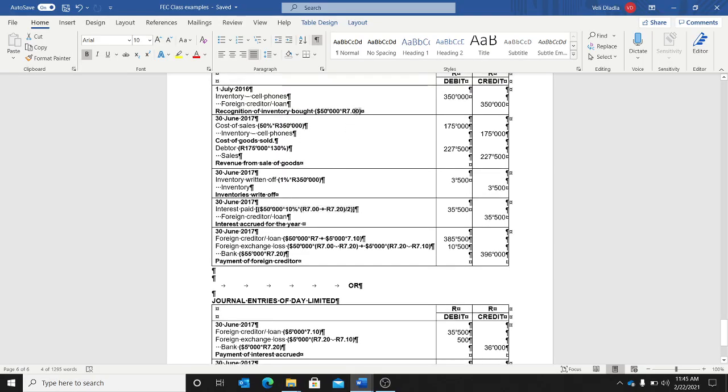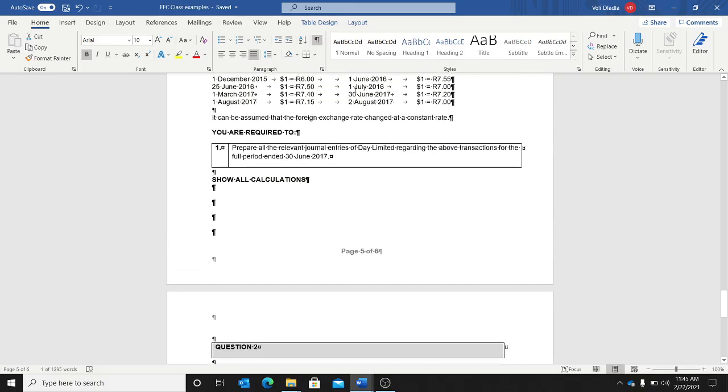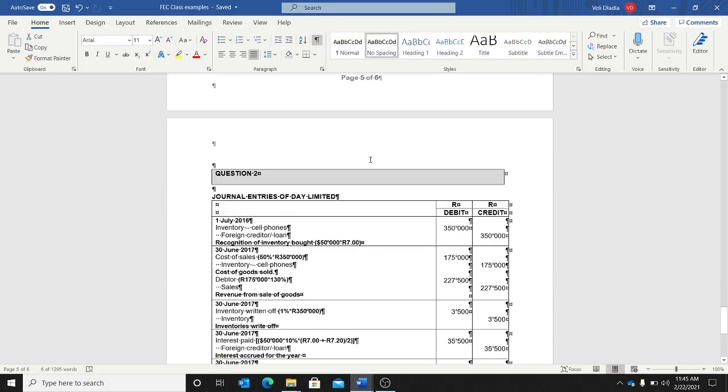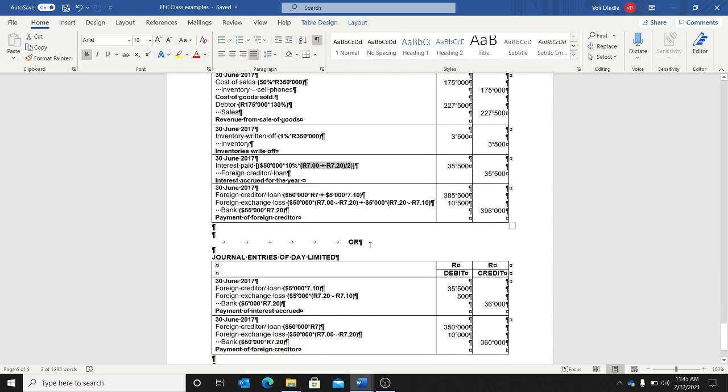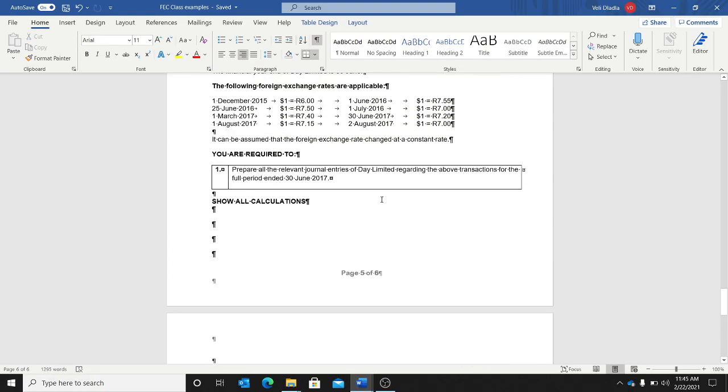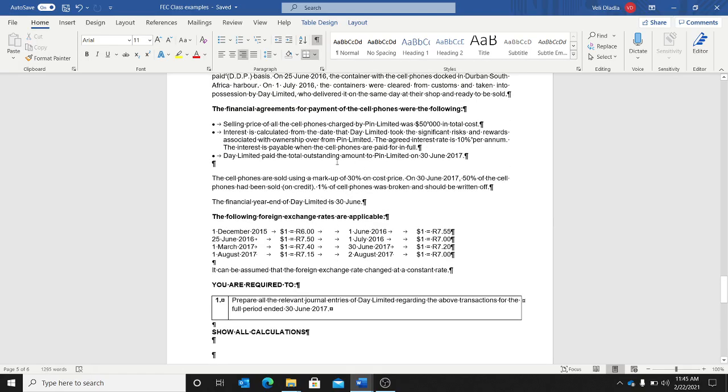Your transaction date rate was 7, but by 30 June it should be 720. You divide it by 2, because when you're calculating interest, you calculate it at an average rate. You say this plus this divided by 2, you calculate your interest and you get it here. Then the nicest thing in this exercise is that it says interest is calculated at 10%, and the payment is the total amount outstanding by year end.